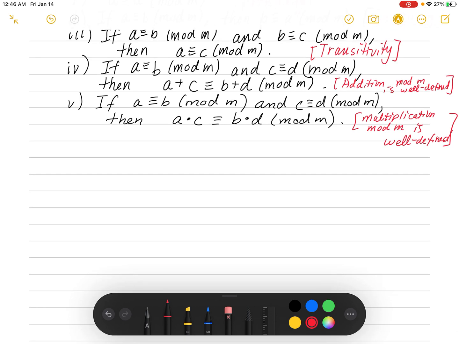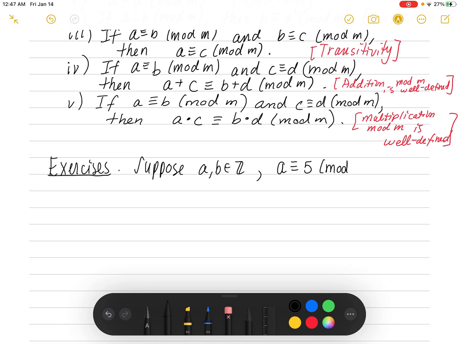All right, so we want to do a little bit of arithmetic involving the congruence relation. So I'm doing exercises. Suppose a and b are integers. A is congruent to 5 mod 17.